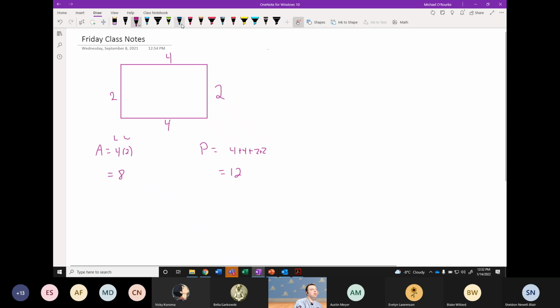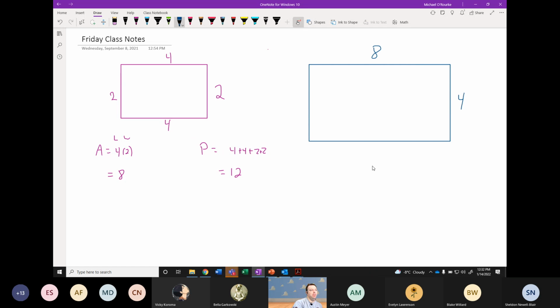All right, now let's do another one. But let's make it twice as big. So in this case, it is 8 times 4. What's the area of that? What's the perimeter of that?